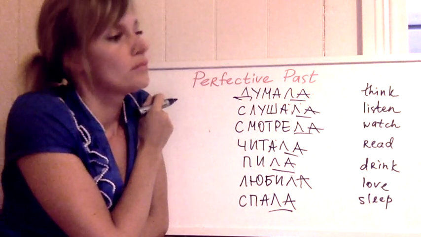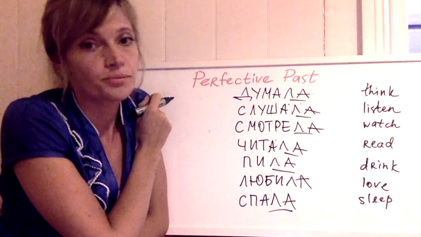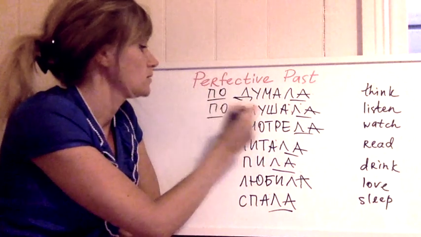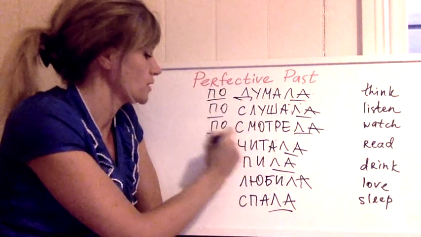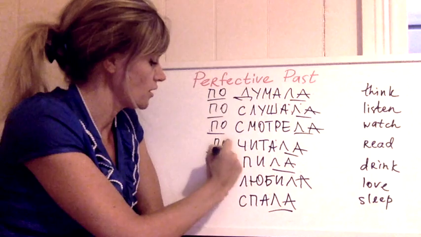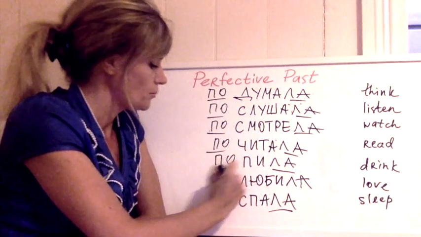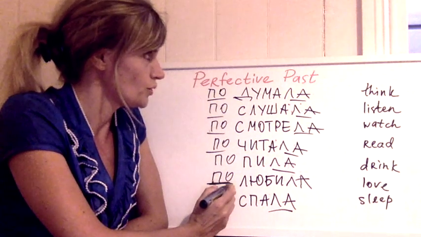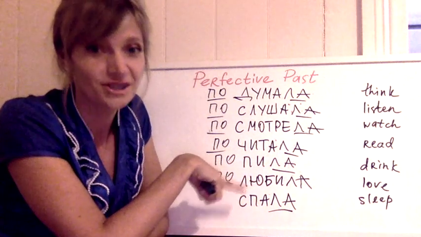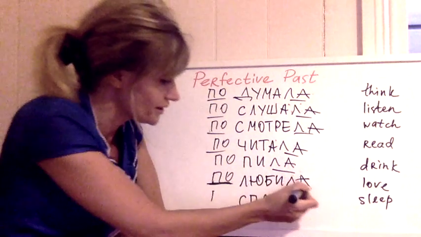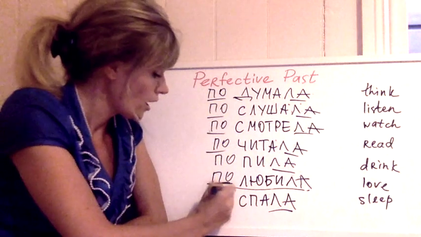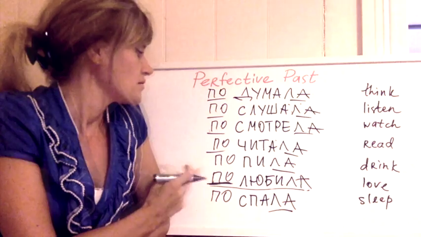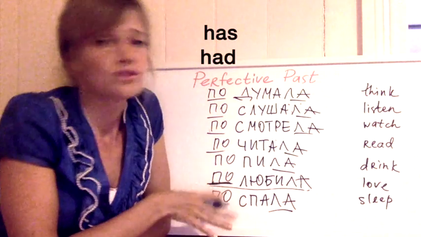So the most simple way is gonna be подумала, послушала, посмотрела, почитала, попила, полюбила. In this case, полюбила will translate as she fell in love. Поспала, she has slept. In this case, you don't give any extra information here.